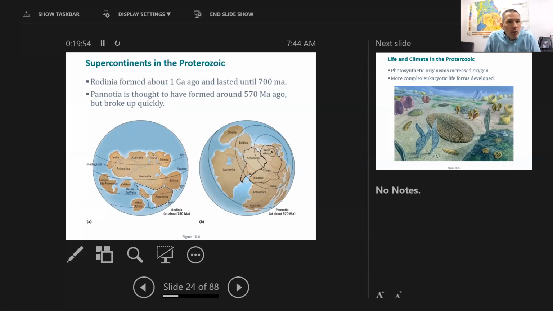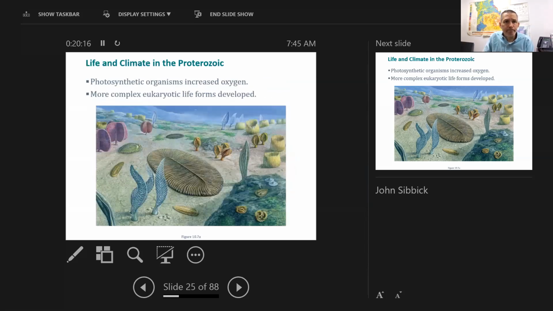And then the second one, about 570 million years ago, but it wasn't around very much. We didn't have as much evidence of that over a longer period of time, but it did in fact occur. And then we'll talk about our Pangaea here in just a little bit.